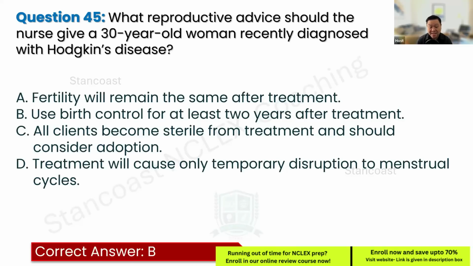Fertility outcomes can vary from one person to the next, and making an absolute statement is inappropriate. And also letter D, this is incorrect. Menstrual cycle disruption can occur, but more lasting impacts on fertility can happen. So when you're answering this test question, you need to be cautious of absolute terms like all when evaluating options, as this can often make statements incorrect unless universally applicable.